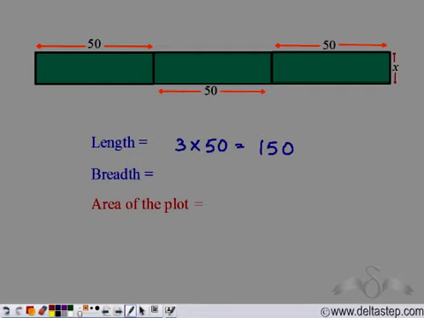And the breadth, what is the breadth? It is X units. So area of the plot is length into breadth, which is 150 into X, that is 150X. This is the area of this plot.